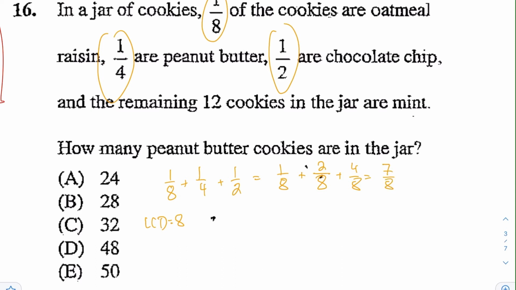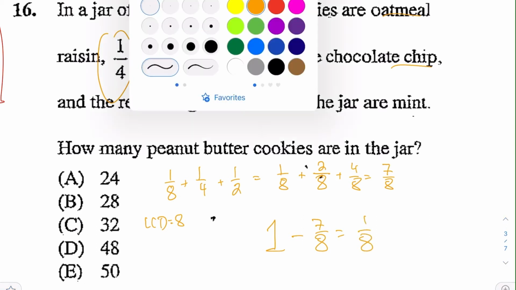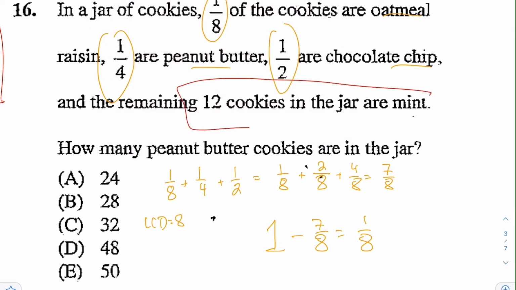So the 7/8 are oatmeal raisin, peanut butter, and chocolate chip. The total, which is 1 whole minus 7/8, is equal to the leftovers, 1/8. And this 1/8 actually represents the mint cookies, the 12 that are mint. So the 1/8 corresponds to 12.